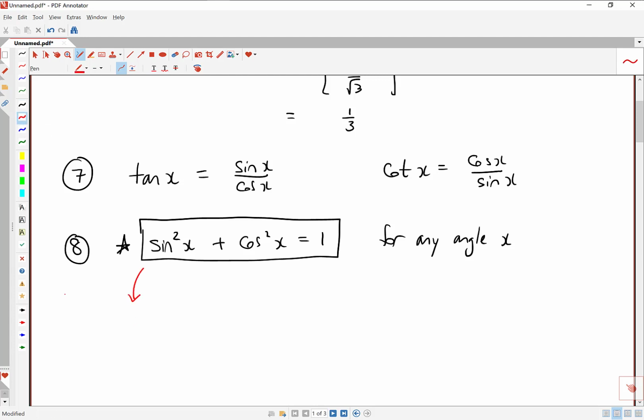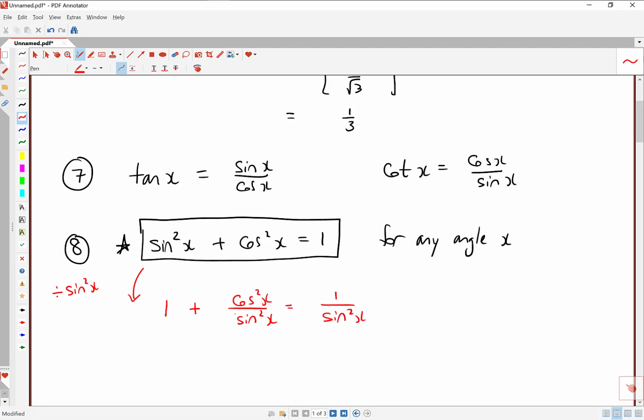So let's figure out what happens if we divide this entire identity through by sine squared x. Sine squared x divided by sine squared x would give us 1. We'd have plus cos squared x over sine squared x equals 1 over sine squared x.